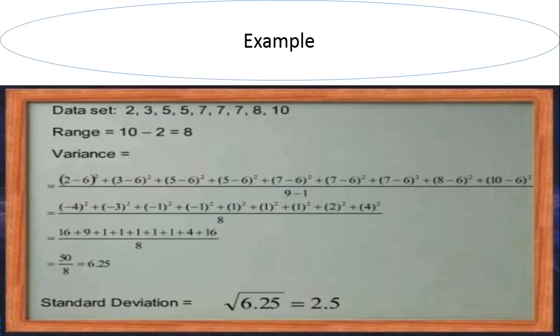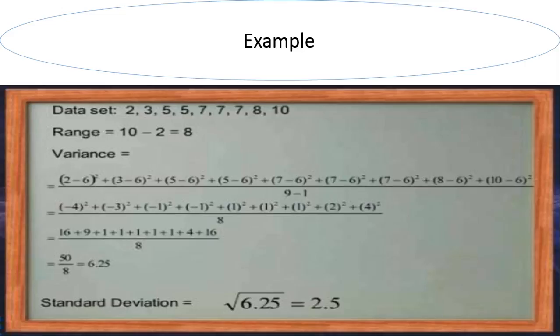So we have our data set, and we have the range, which is the difference between the highest and the lowest values of our sample, which is 10 minus 2, which is equal to 8. So the range of our sample is 8.